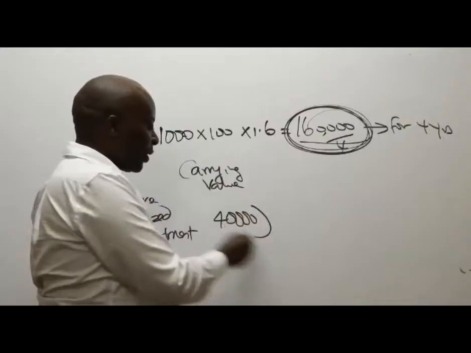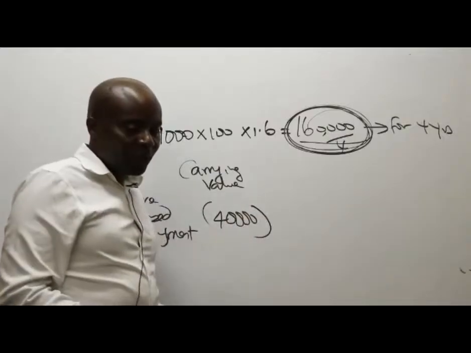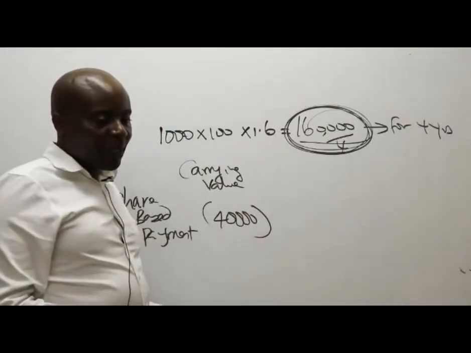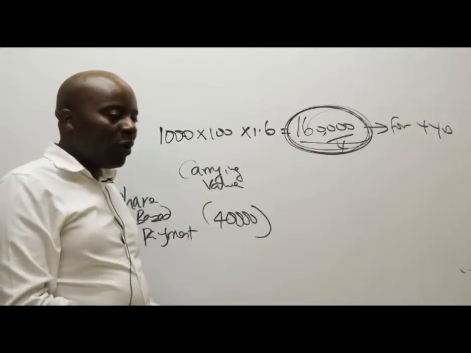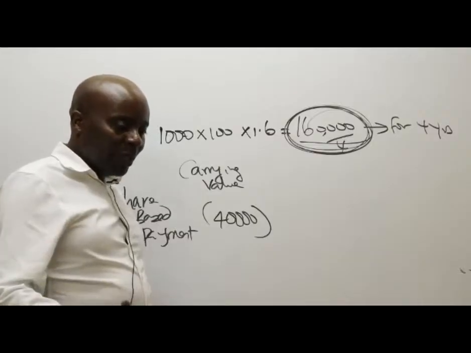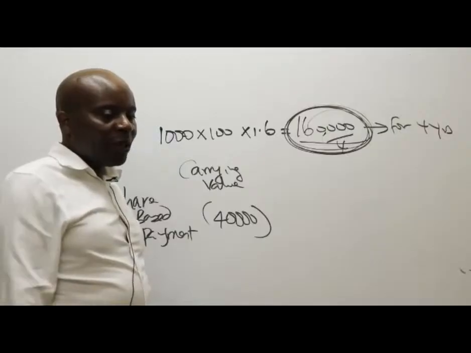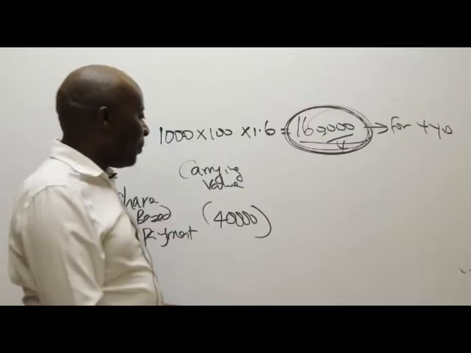And remember, this 40,000 has to be put in brackets. Ukweli ama uongo? It's a payment anyway, so it has to be captured in brackets like that.